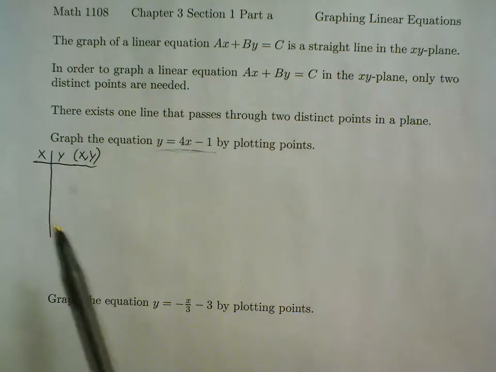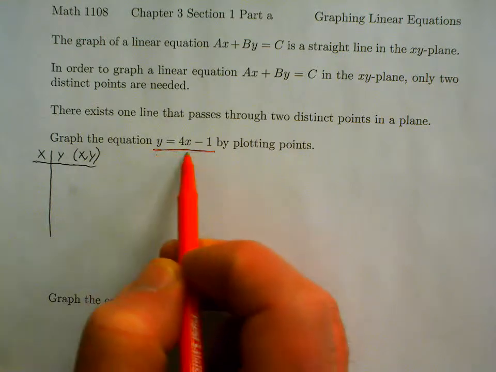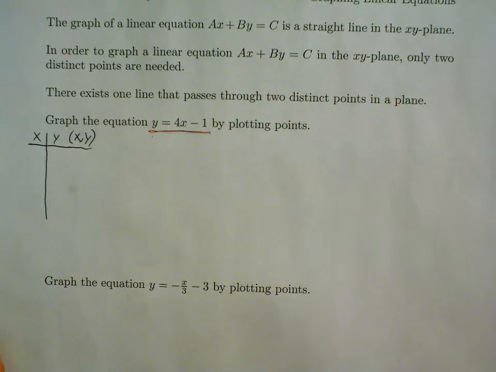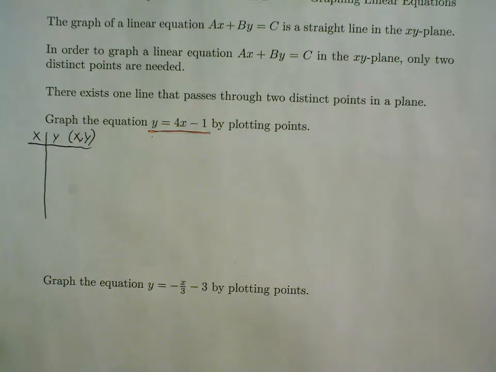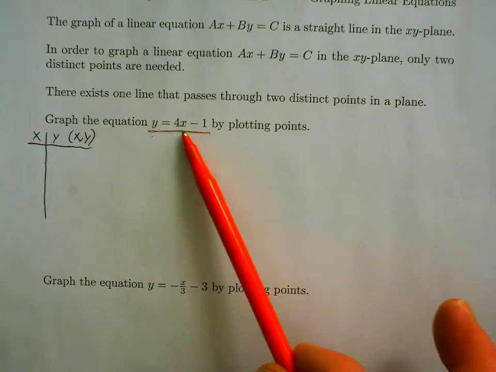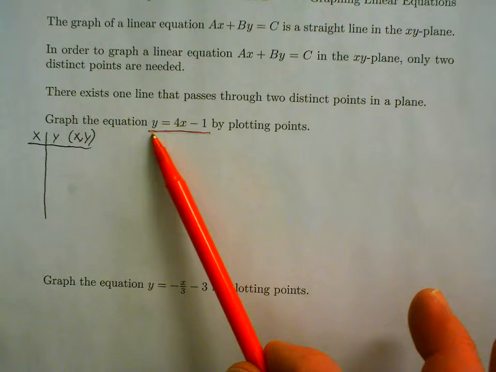Okay, so how do you want to start? Some advice here. In this equation, since y is expressed in terms of x, it's probably more convenient to pick x to be a number and replace x in that equation with that number, then do the arithmetic to determine what y is equal to.